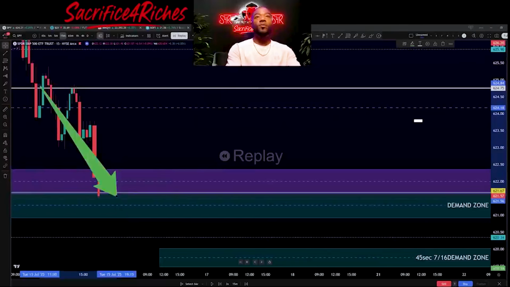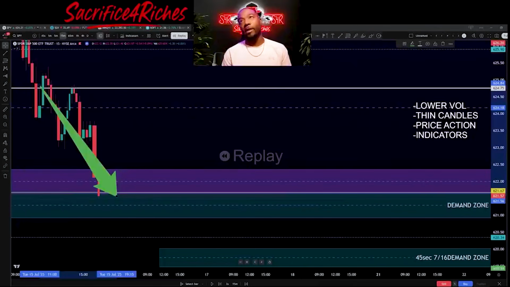So we'll be looking for something like lower vol. Okay, what else are we looking for? Thin candles. We're looking for price action. And then you can also look for indicators such as your EMAs, if you're using that stuff, or MACDs, whatever you use for your strategy. This is kind of what you're looking for upon approach.